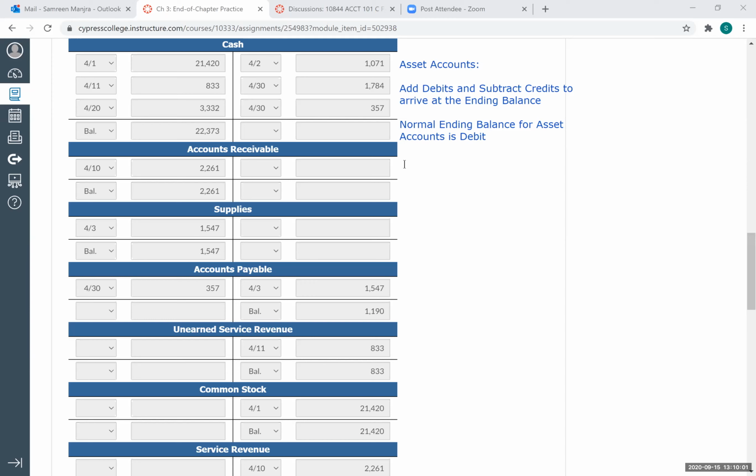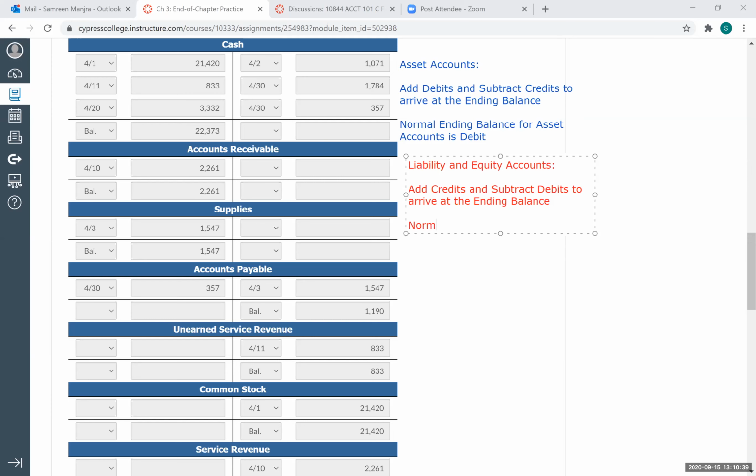Our next group is our liabilities. For liabilities and your equity accounts, you will add your credits and subtract debits to arrive at the ending balance.